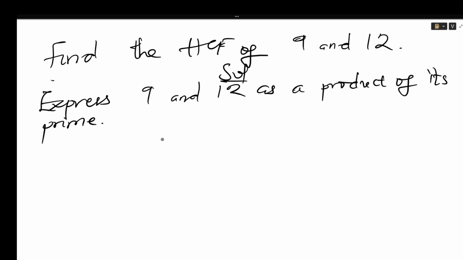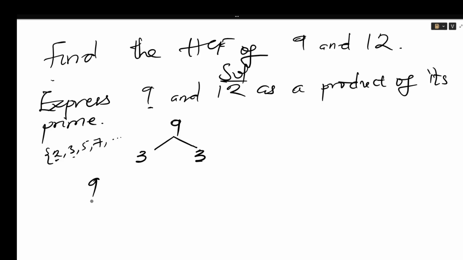Now let's do that. In expressing 9, let's pick the first one, 9 as a product of its prime. 9 becomes the head of the tree. I list my prime numbers here. I pick the least, 2, to divide 9, which isn't possible. I pick 3 to divide 9, which gives 3.